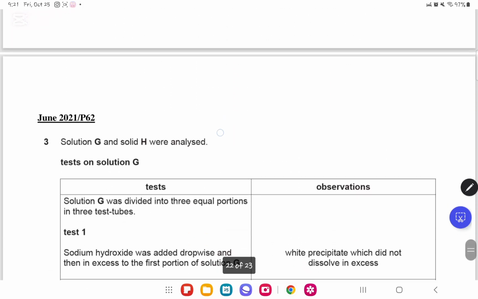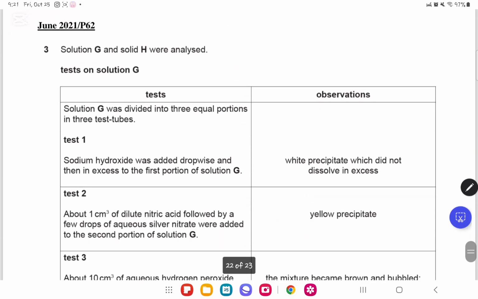So I believe this is it for paper 61 of November. Now the last and final past paper is June 2021, paper 62. So let us start. They used sodium hydroxide and it was added drop-wise.